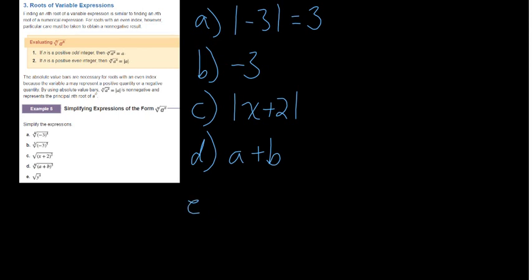Now E is not a typo, because we can think of this as the square root of y squared, right? Everybody agree that y squared is the same thing as y to the 4th power?